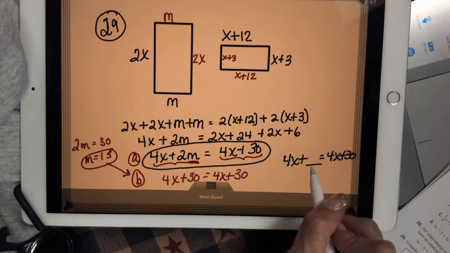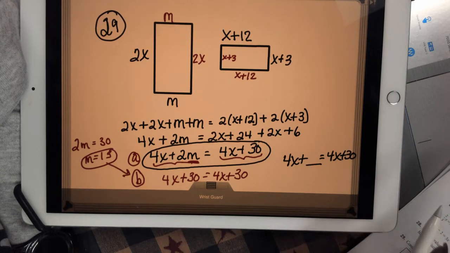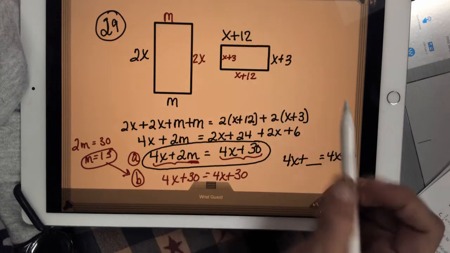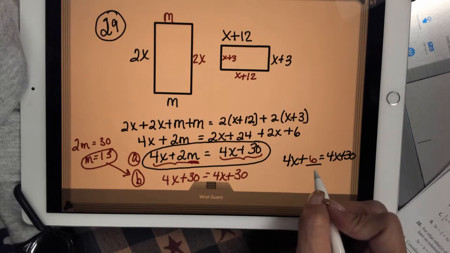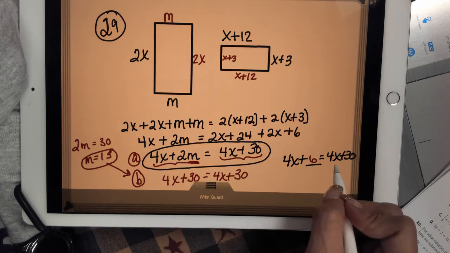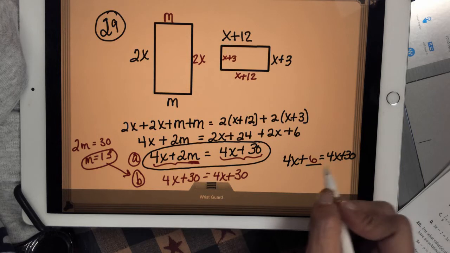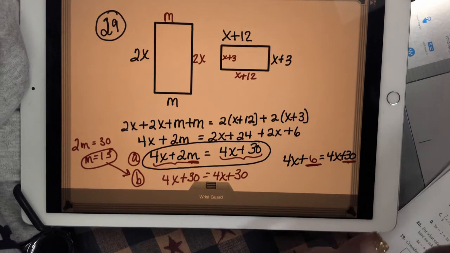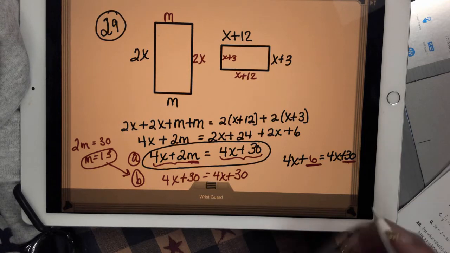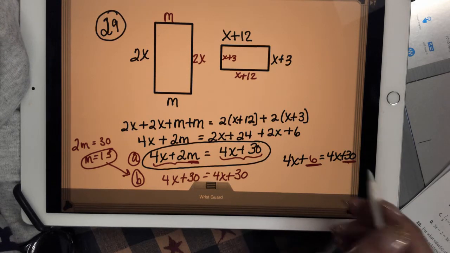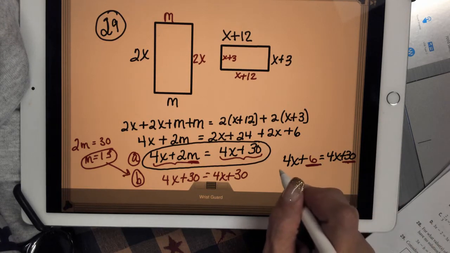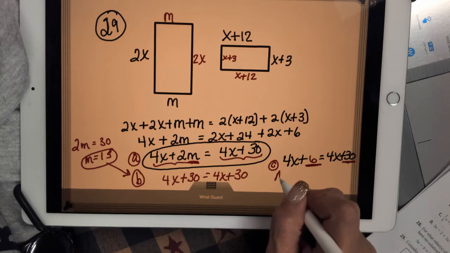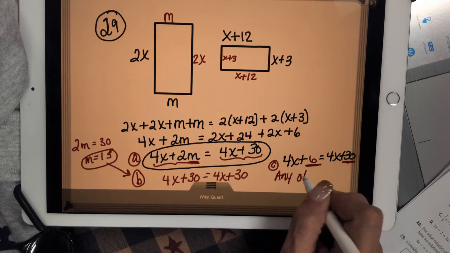Unless this is 30 right here, it's no solution. I could put anything I want there. So I could put 6. That's no solution: 4x plus 6 equals 4x plus 30. This has to be exactly 30 for there to be any solution. So for what value of m does it not work? Any other number.